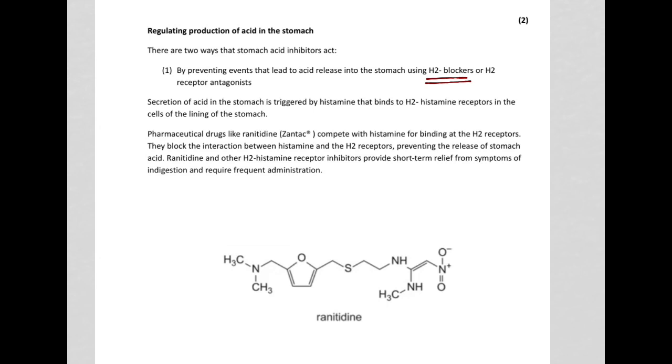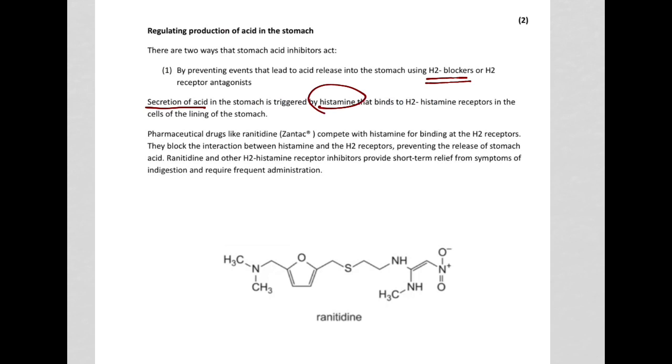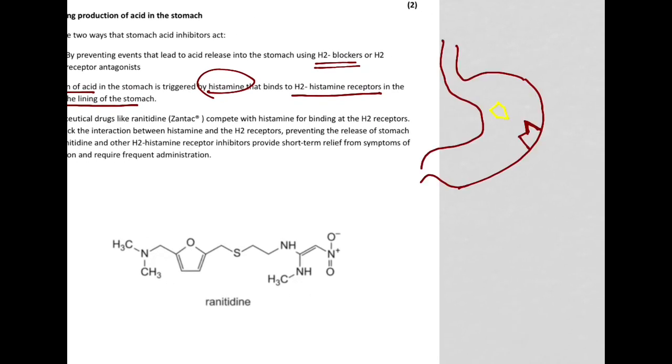So normally in the stomach, secretion of acid is triggered by histamine. And histamine binds to H2 histamine receptors in the cells of the lining of the stomach. So let's try to draw this. Let's say this is the wall of the stomach.